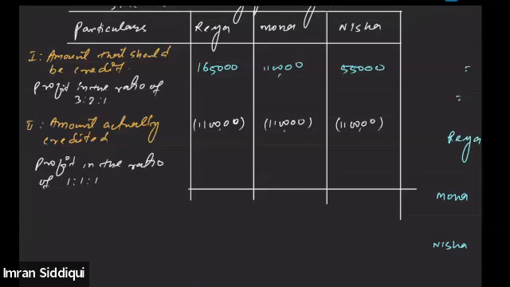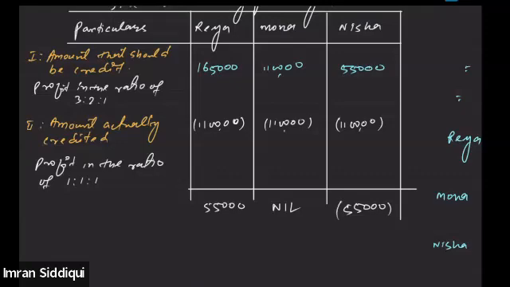Right? And now we'll subtract this 1,65,000 minus 1,10,000. So after subtracting this, you will be getting plus 55,000, and 110 minus 110 will be 0. All right, and this will be 55,000 negative.